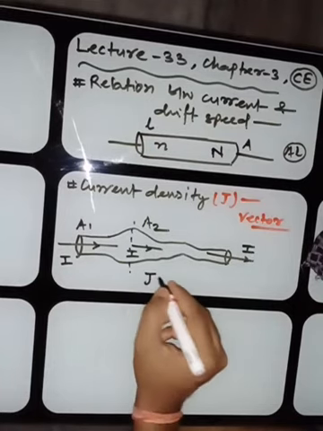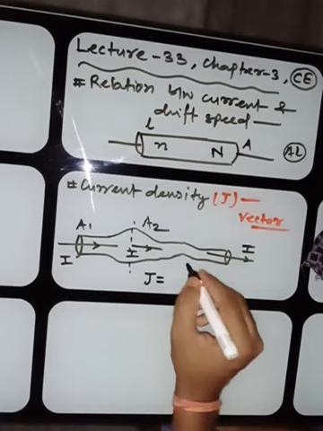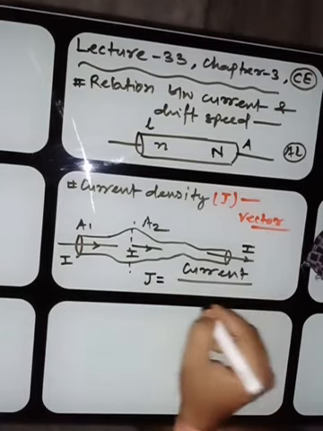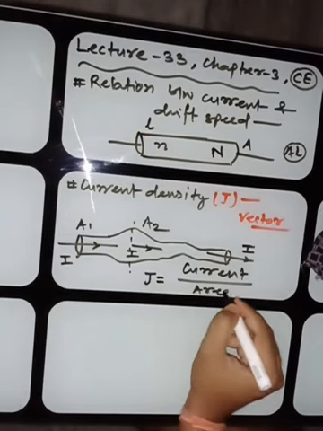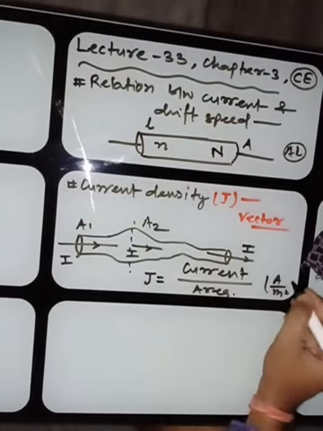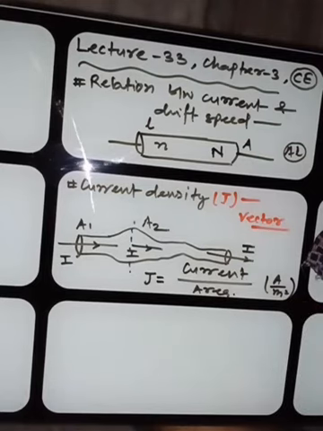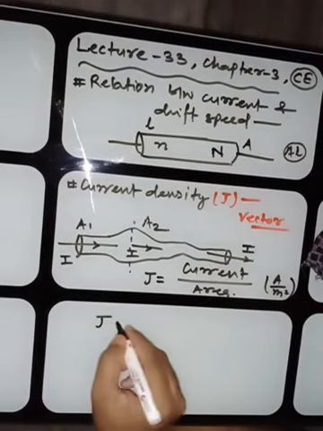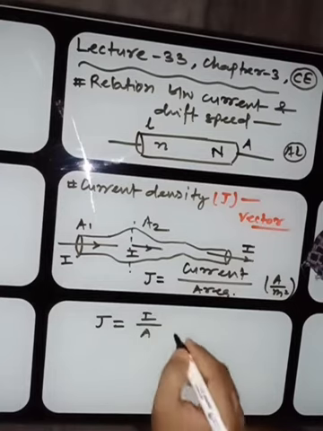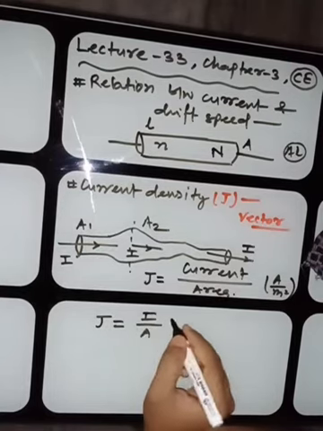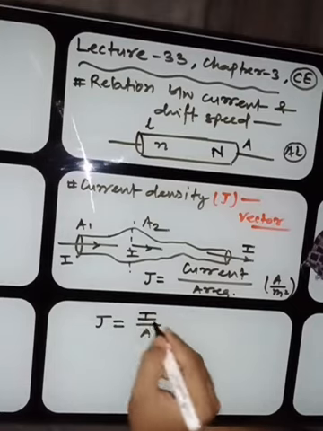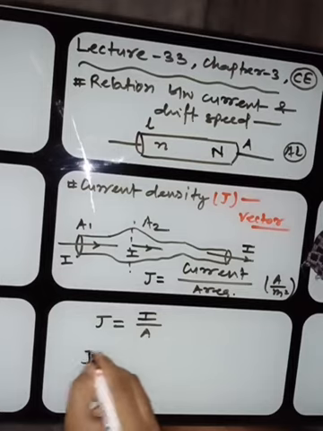So J is nothing but the electric current per unit area, that is the cross-sectional area, in ampere per meter square, and this can be written as J is I by A.